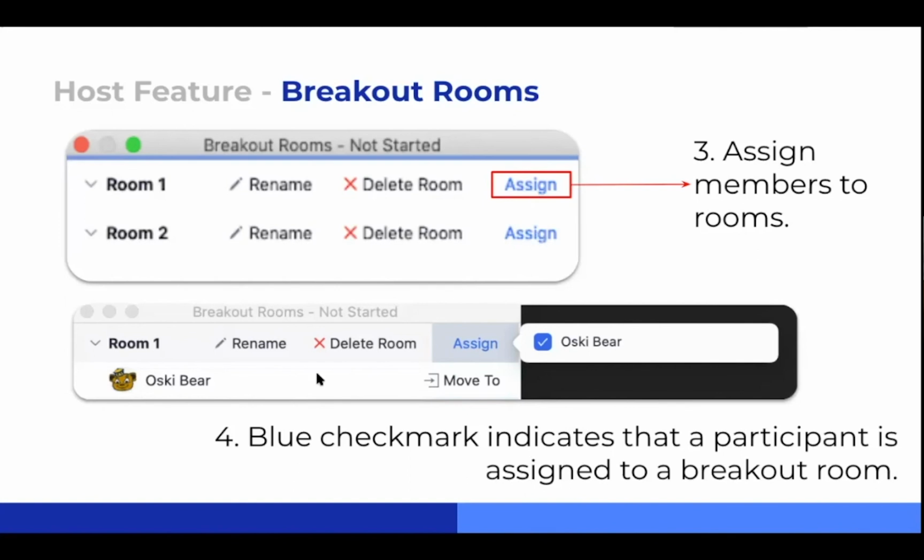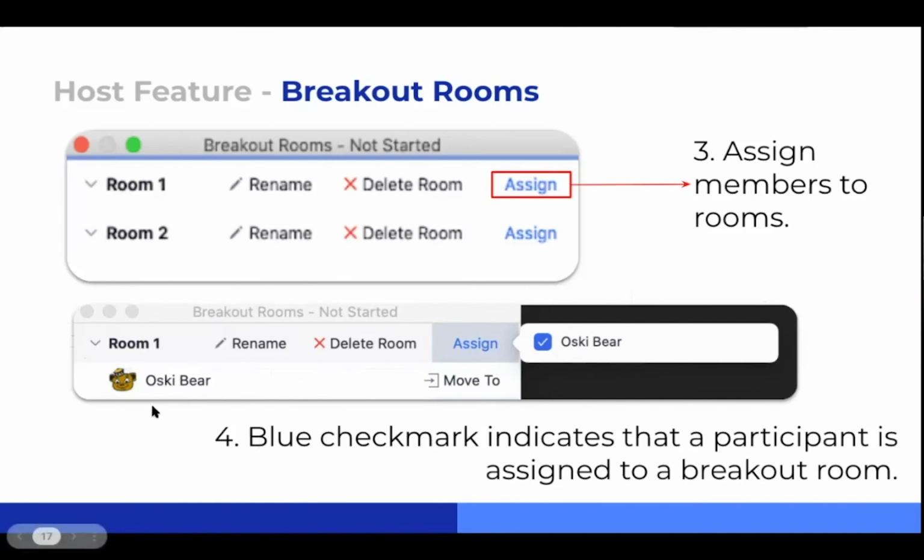As you can see here in the bottom image, the person titled Oski Bear is assigned to room number 1. When you click on their name, it'll allow you to assign a person into a breakout room.